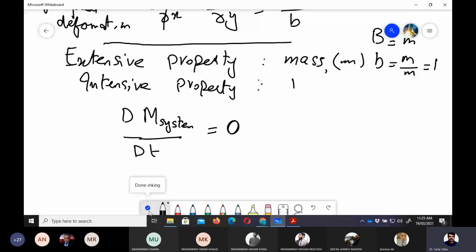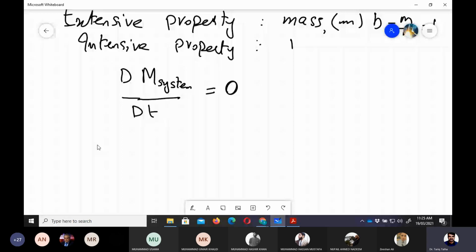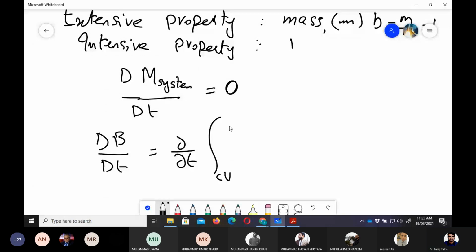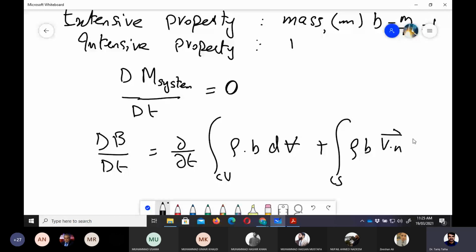That is dB by dt is equal to partial by partial t of the control volume integral of rho b dV plus the control surface integral of rho b V dot n dA.